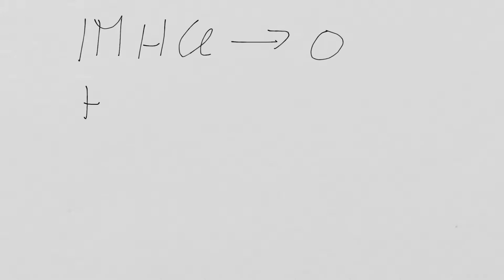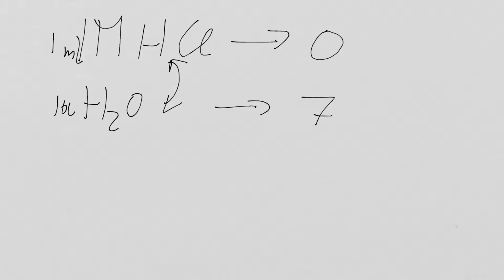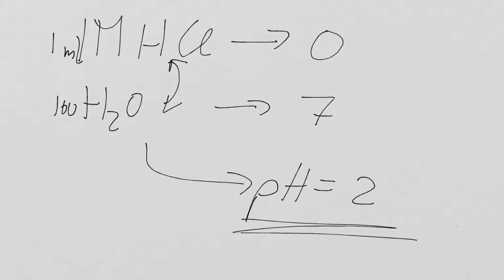This has a pH of 0. We have water that has a pH of 7. And if we combine this, in this particular case 1 milliliter and 100 milliliter, the solution has a pH of 2. Happy with that? Okay.